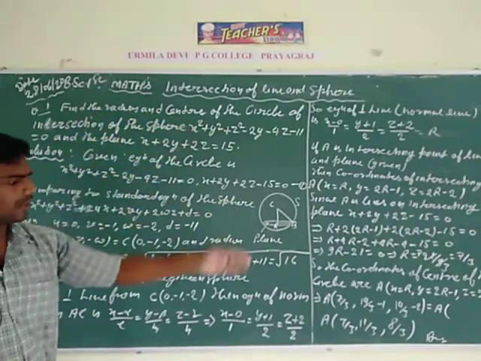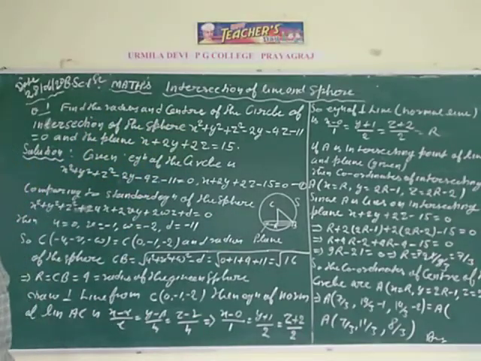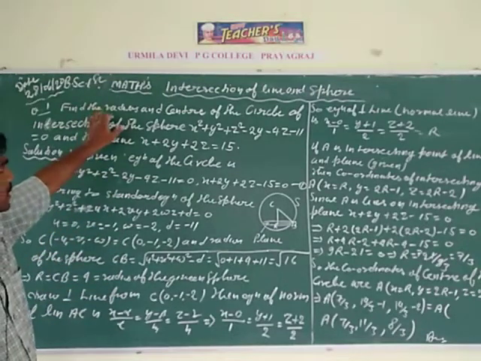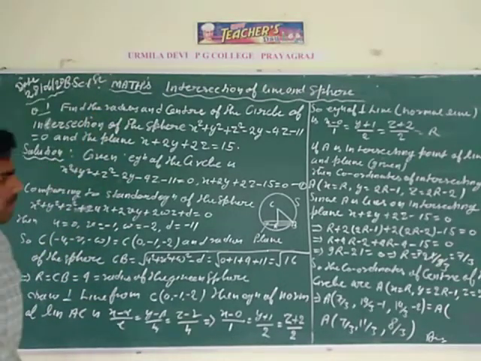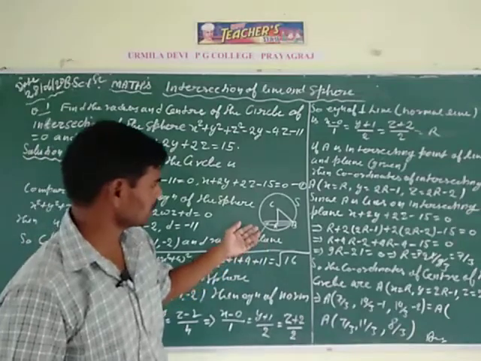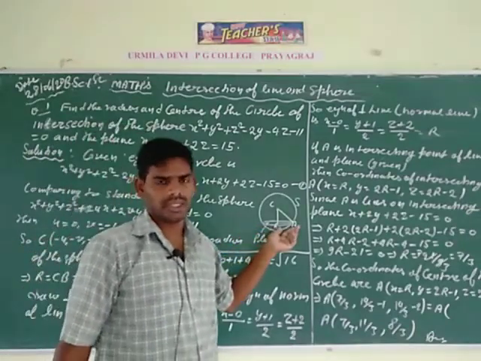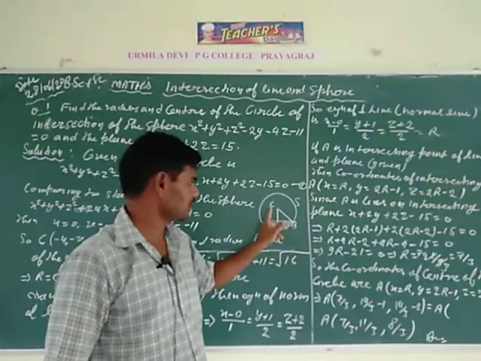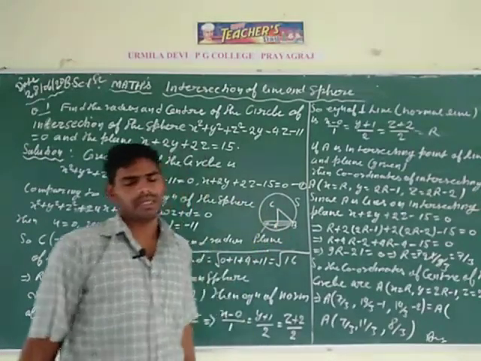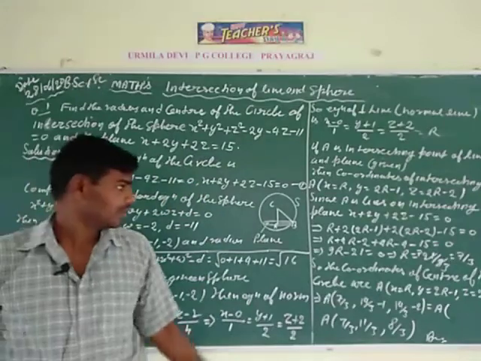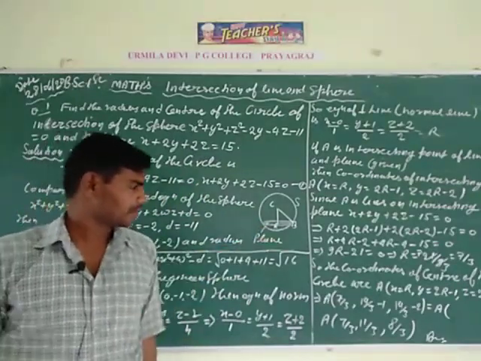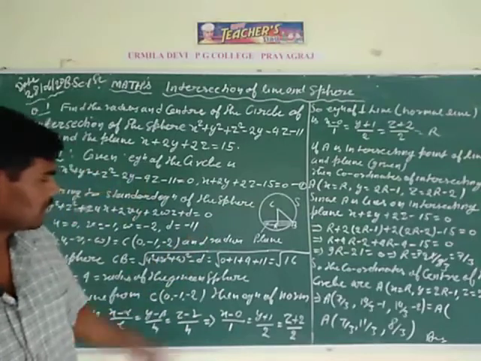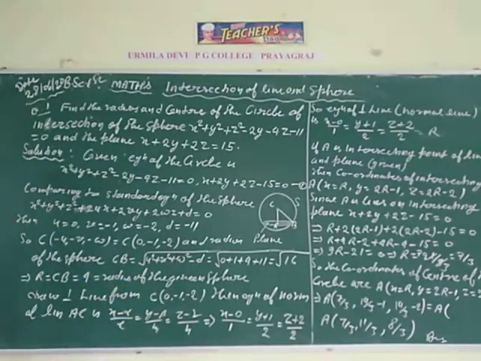The center is clear: the coordinates of capital A are the center of the circle, and what remains is the radius of the circle. From the figure it is clear that the radius of the circle is equal to the distance AB, and in the right angle triangle ABC, applying the Pythagoras theorem, you can calculate the value of the base AB.